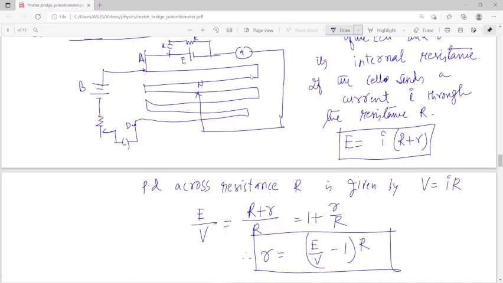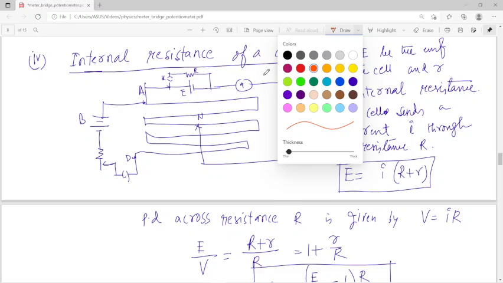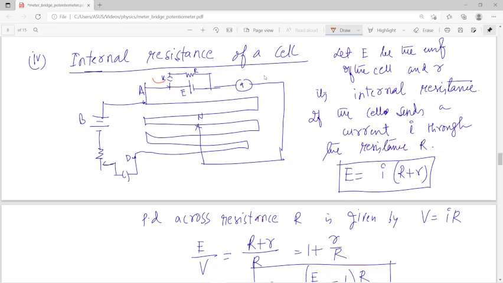Now first say key K is open. If it is open, we reach a balance point N, and say this AN is equal to L1. That means when K is open, we get a balance point AN of length L1.